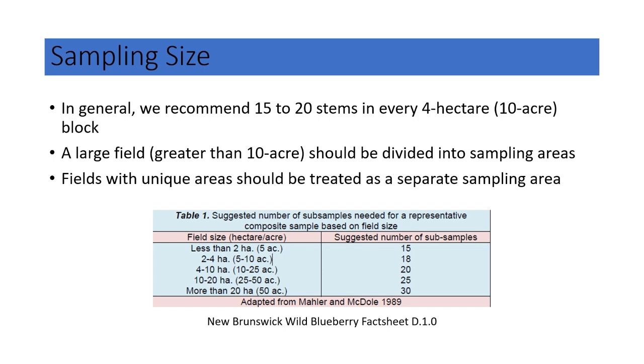Any parts of a field showing unique growing conditions should be treated as a separate sampling area. In this table, the suggested number of subsamples based on the field size is shown. The bottom line is that you want to make sure you have a good sample to best represent your field's plant nutrient status and allow the lab to perform correct analysis when there are enough plant tissues to work on.